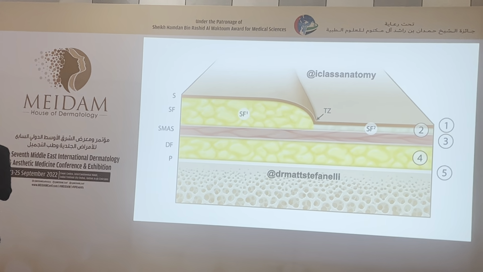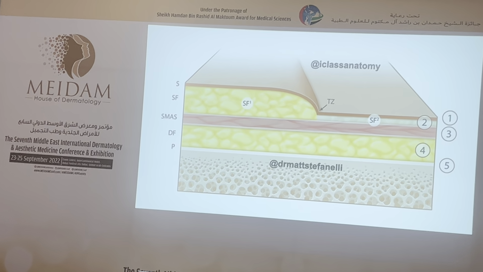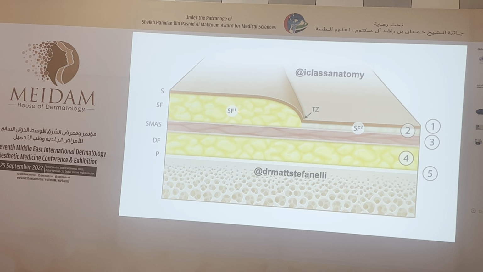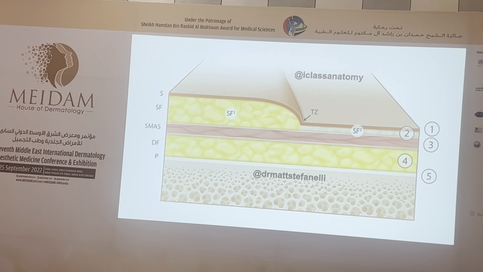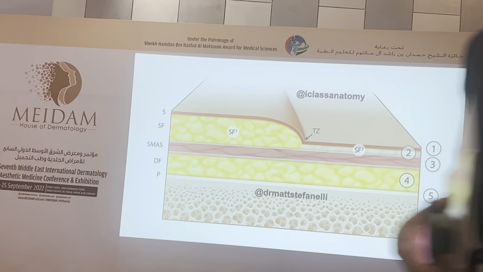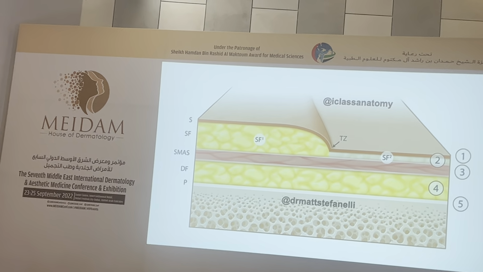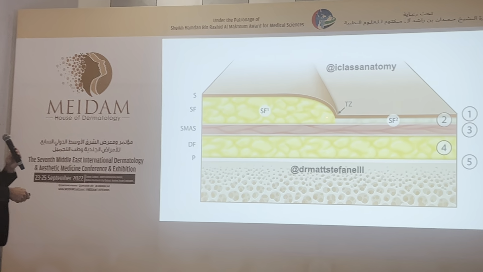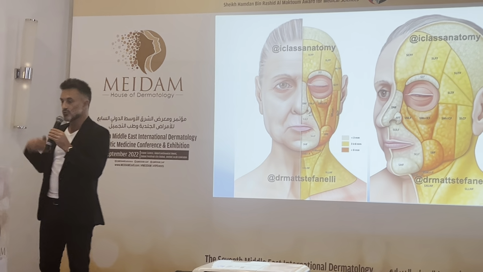This is what we call fibroadipose fat, or white fat, or superficial fat type 2, compared to the yellow one, which is type 1. So we are going to lift this one, not this one. So the last barb, cog, or cone, whatever, should be just before the fold. No need to go beyond.